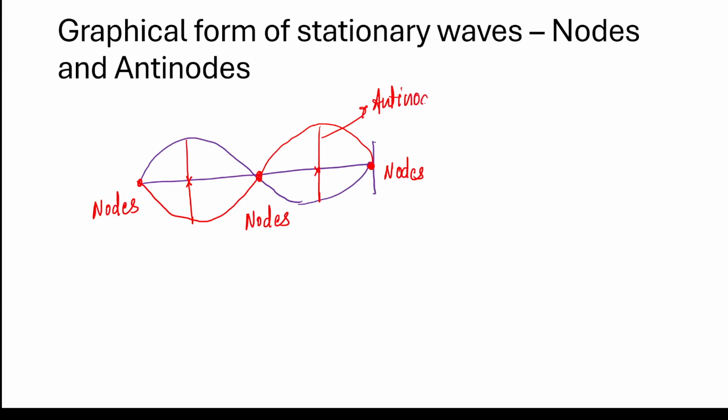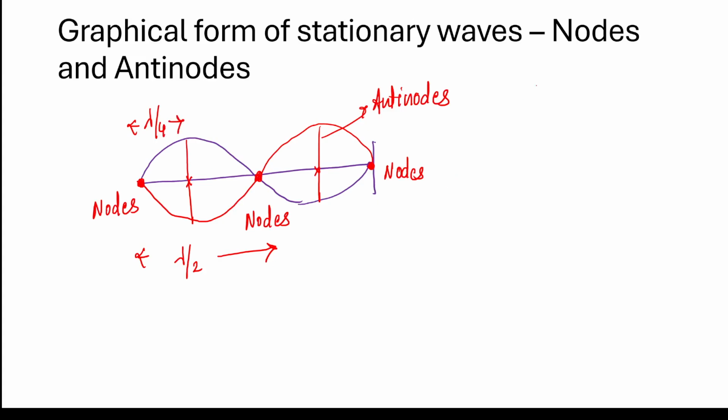So antinodes are the positions of maximum amplitude and nodes are the positions of minimum amplitude. As you can see, the distance between consecutive nodes is half the wavelength. So obviously between an adjacent node and antinode, it is lambda over 4.